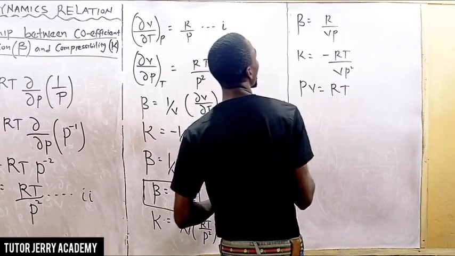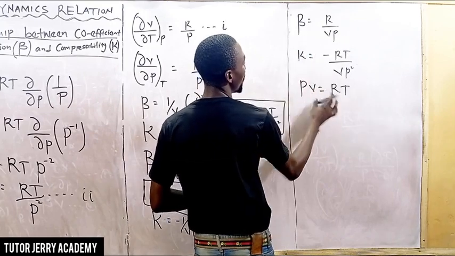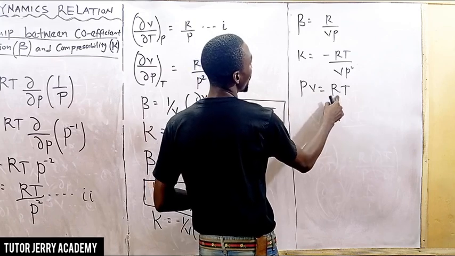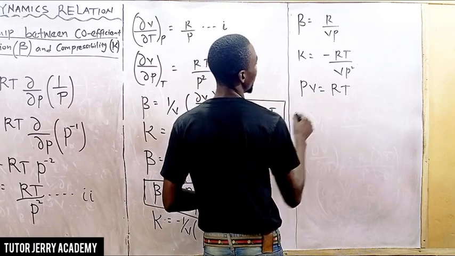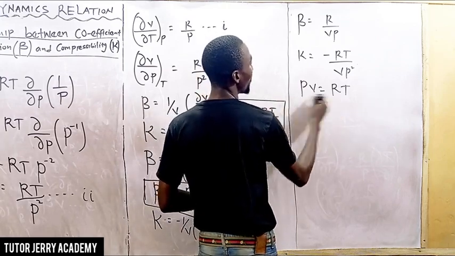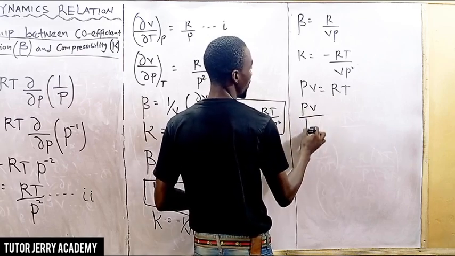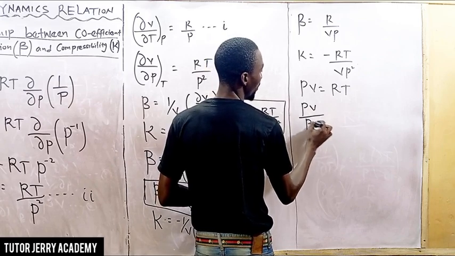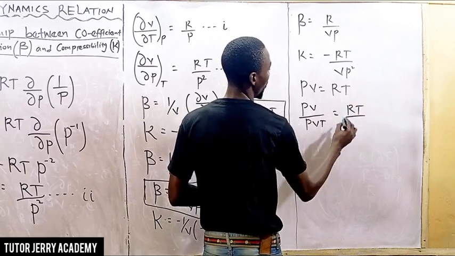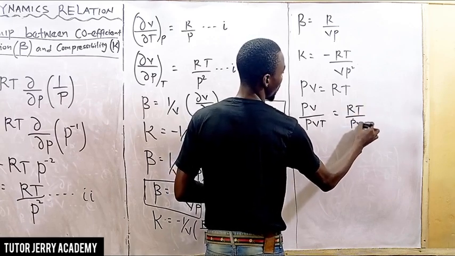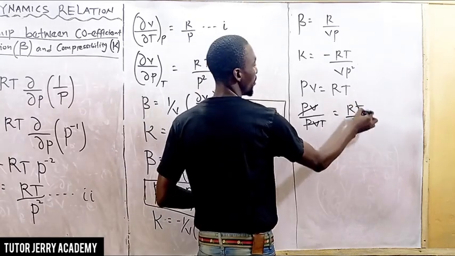If I decide to bring out R all over VP, I'm going to divide both sides by PVT. The P and V cancel out, and T cancels out T here.